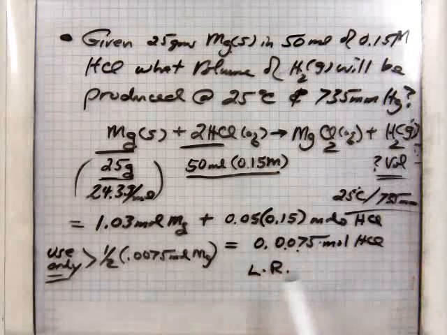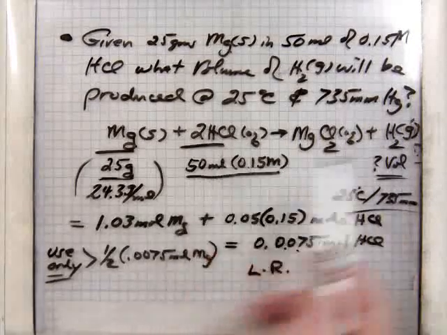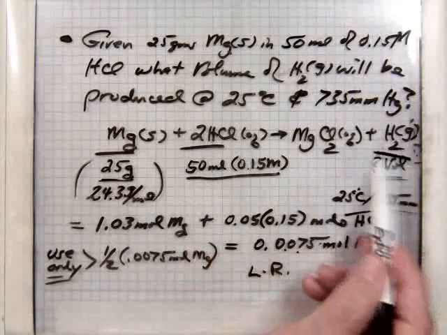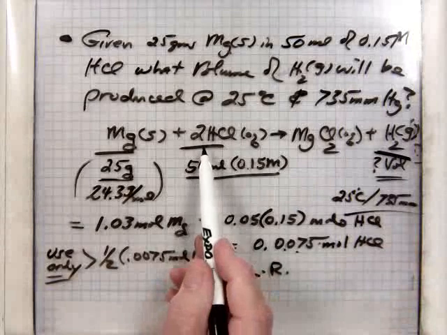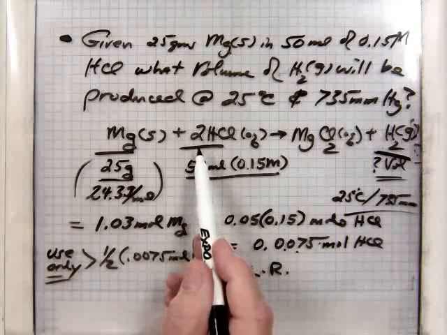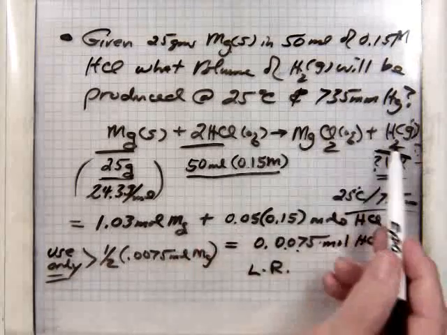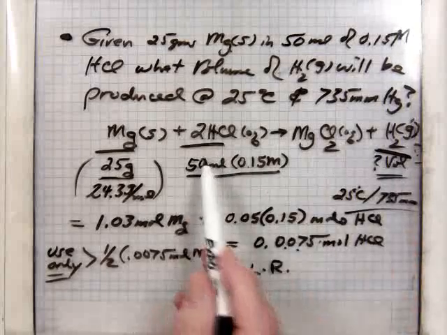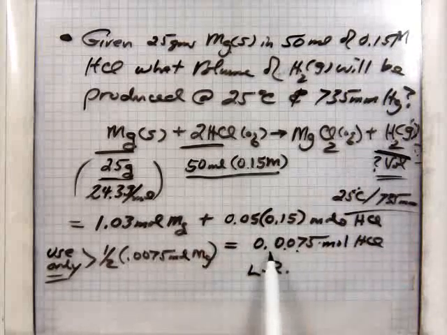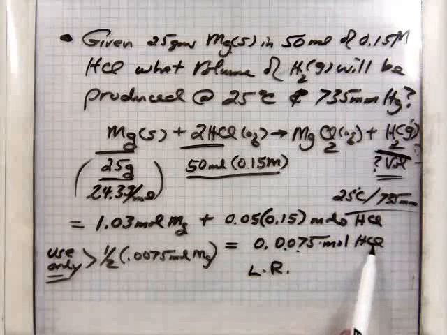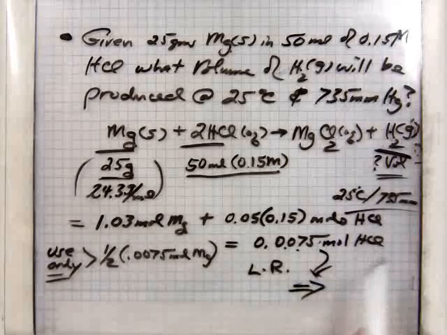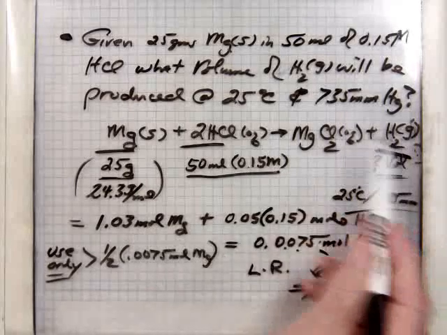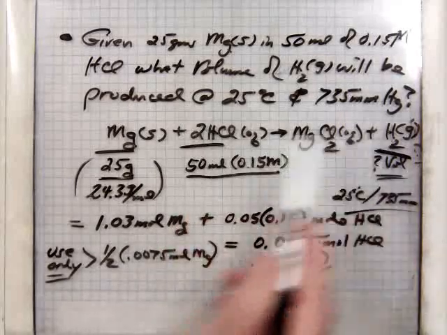All right, now next thing is, well, how many moles of hydrogen gas will be produced? Well, we see here that 2 to 1 is the reaction ratio. So if I have 0.0075 mole of hydrochloric acid, the yield of H2 for this will be half of whatever the moles are for HCl.